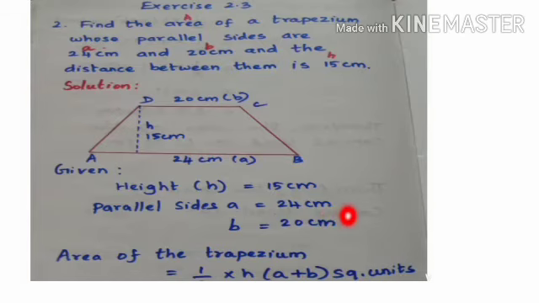Height is equal to 15 centimeter, parallel side a is equal to 24 centimeter, b is equal to 20 centimeter. Now we have to find the area of the trapezium. Before that, write down the formula for the trapezium. Area of the trapezium is equal to 1 by 2 into h into (a plus b) square units.